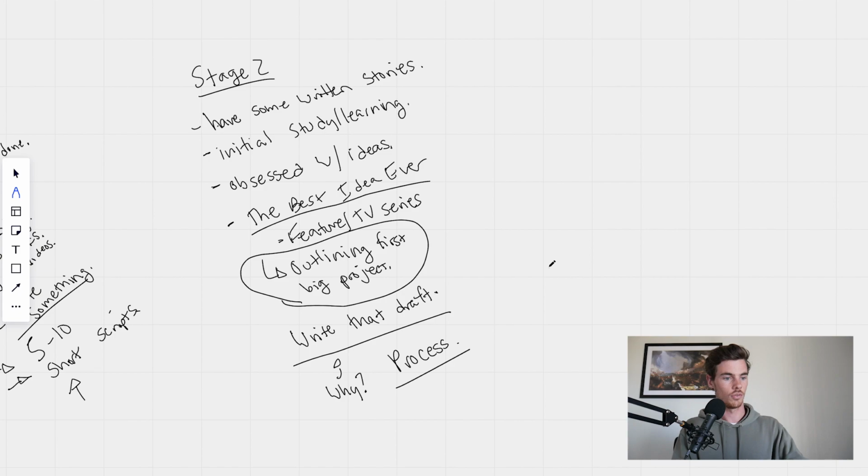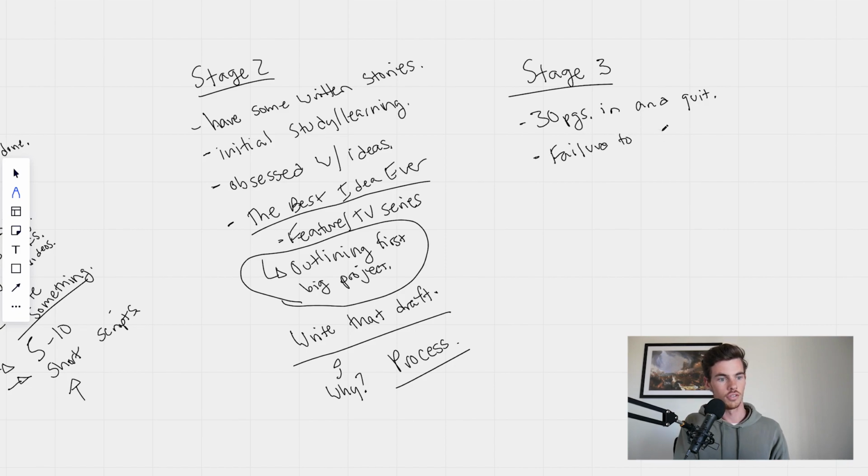So this is where I want to talk about stage 3. Stage 3, usually this is 30 pages into that feature or that pilot and quit, right? So essentially it is a failure to push to the end because you were overwhelmed with the fact that the story wasn't working, right?